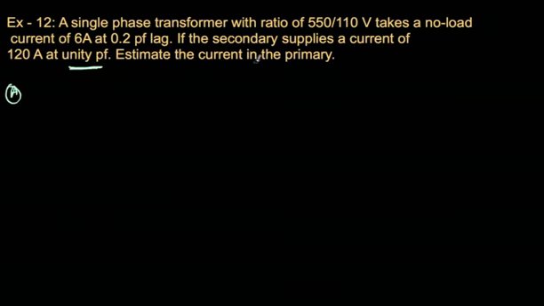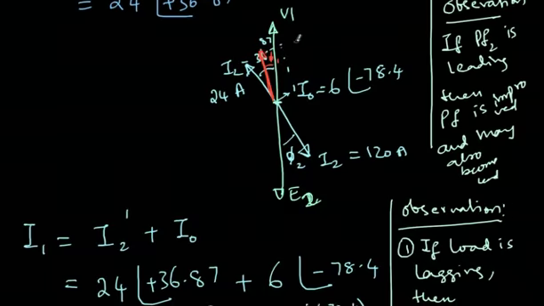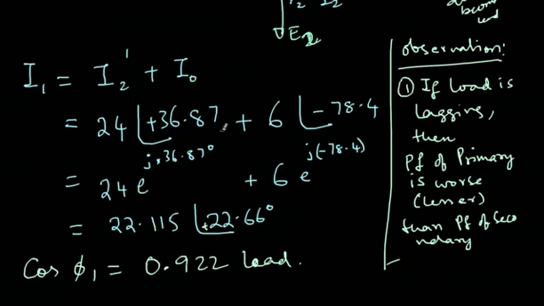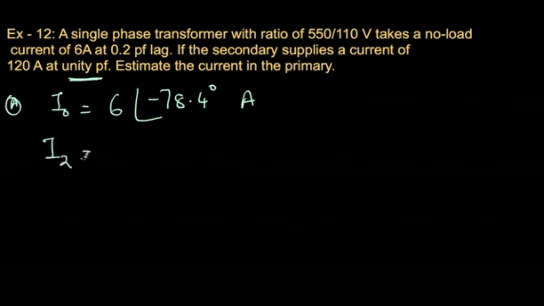So again, if you look at the question, the I naught current will be exactly the same. So I'll write it here. I naught will be 6 at an angle of minus 78.4 degrees amperes. So this is exactly the same. Now what is I2? I2 will be exactly 120 amperes with 0 degrees with respect to E2.